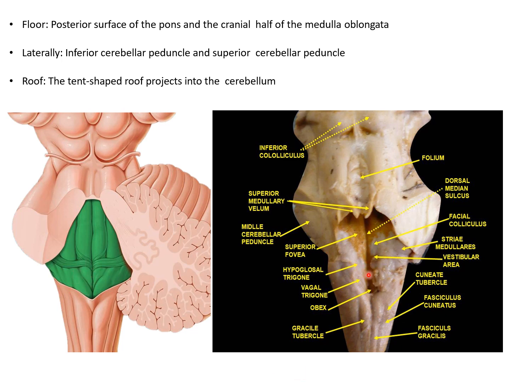This medially lying triangle is known as the hypoglossal trigon or hypoglossal triangle, and this laterally prominent triangle is known as the vagal triangle or vagal trigon. Again, there are cranial nerve nuclei just under these prominences.